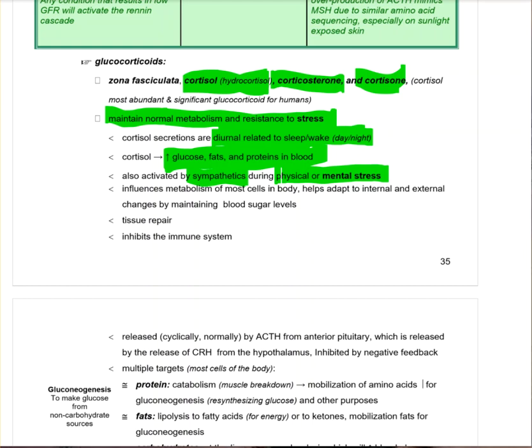The reason is that cortisol is going to allow your body to get through the stressful time by helping it release glucose, make sure there's enough glucose available, if needed, break down fats and proteins to also use them as fuel, and minimize certain things that we don't need to deal with at that moment, like repair the tissues of our body or have our immune system working perfectly. Instead, it's going to really focus on the exact moment where you're in the stressful situation and getting out of it.